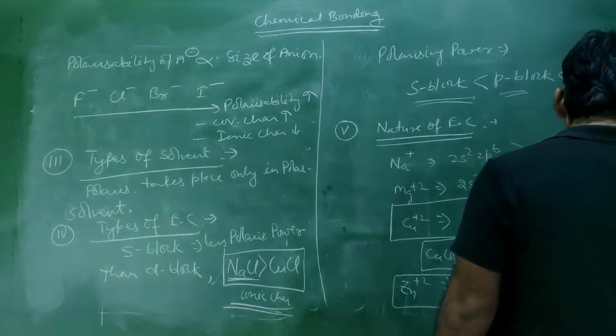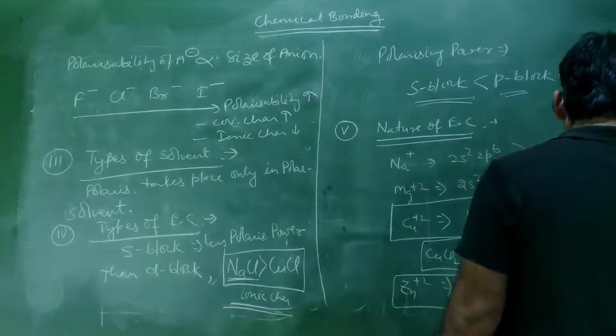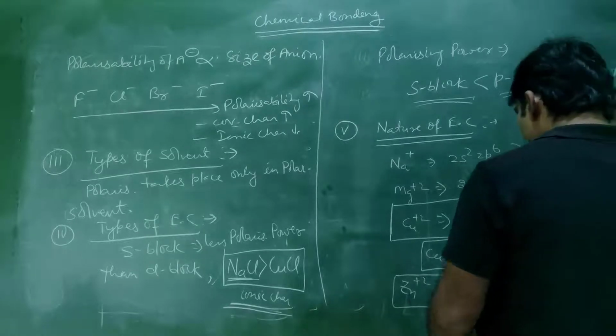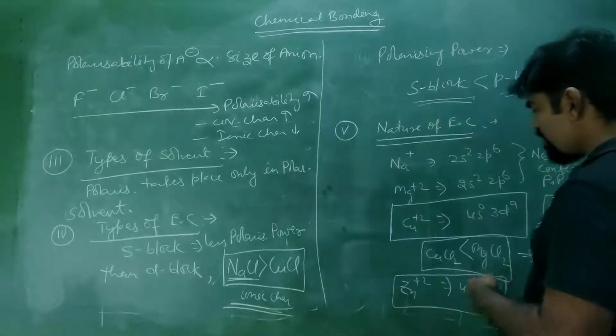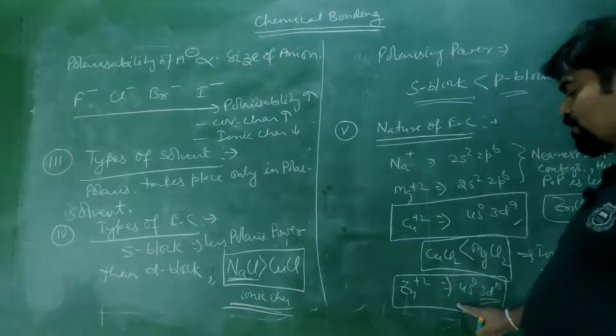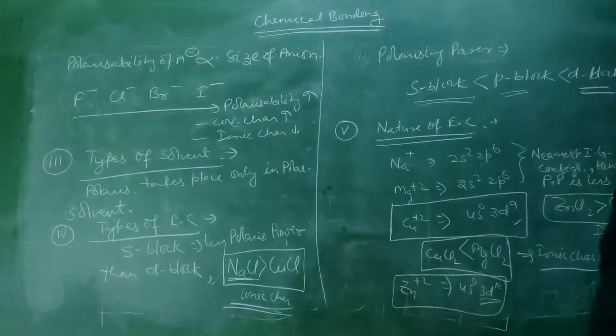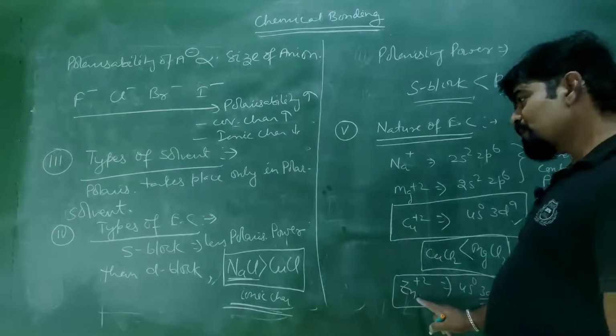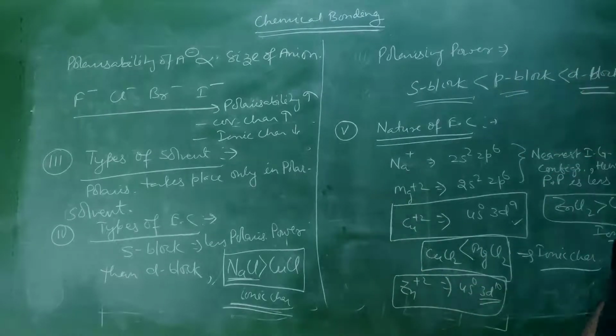CuCl2 is more covalent than ZnCl2. Because the 3d10 configuration is stable compared to 3d9, this will possess more ionic character, and this will possess less ionic character. Zn2+ will have less polarizing power than Cu2+.